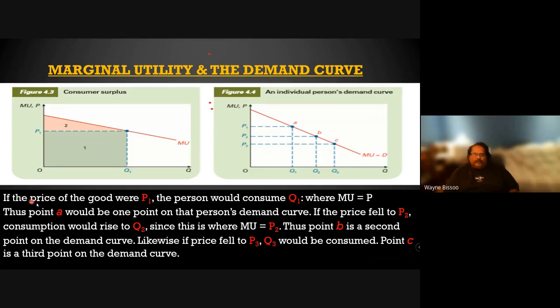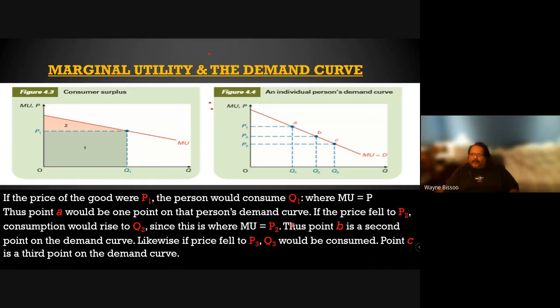So if the price of the good were P1, the person will consume Q1, where the marginal utility is equal to P. Thus, point A would be one point on that person's demand curve. See that there?